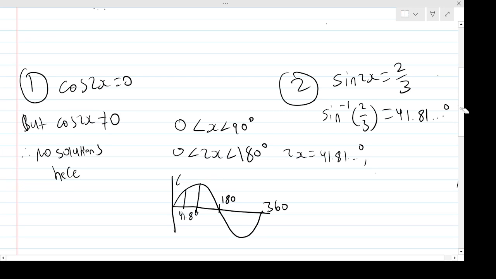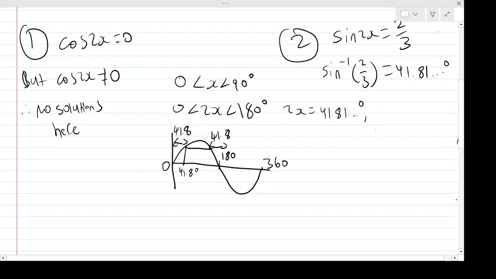With that in mind, the next solution would be there, which means that the gap at one end, between 0 and the first solution, is 41.8. So the gap between the second solution and 180 at the other end of the curve will also be 41.8, which means the next solution will be 41.8 away from 180. So we have to take this away from 180.